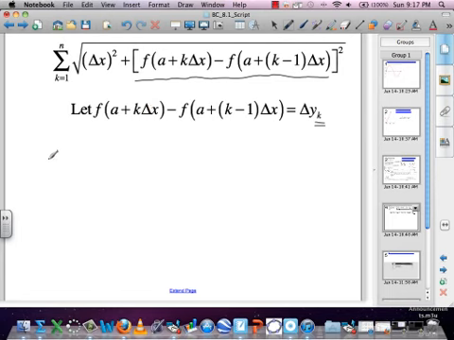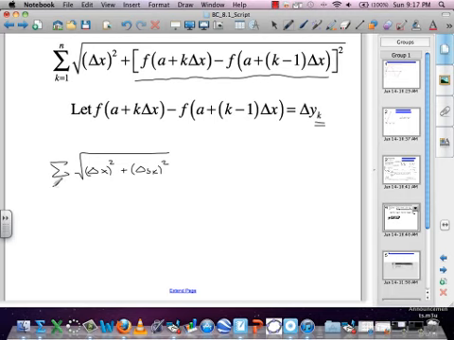So this now becomes a little bit more manageable to write. We have sigma of the square root of delta x squared, and remember that delta x is a constant, whatever we determine our interval to be and how many pieces we want, plus delta y sub k quantity squared.